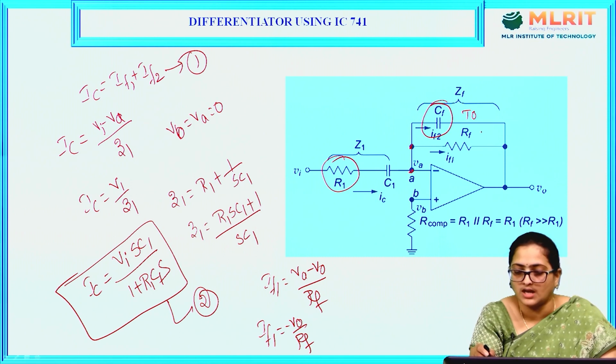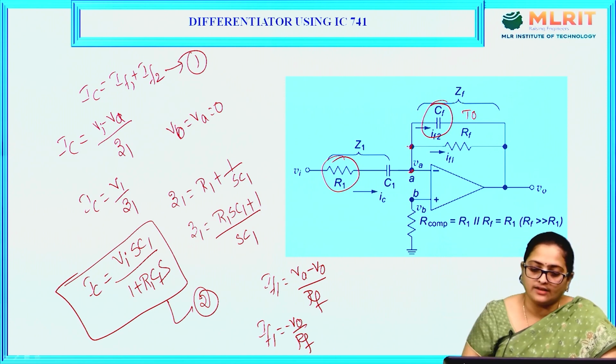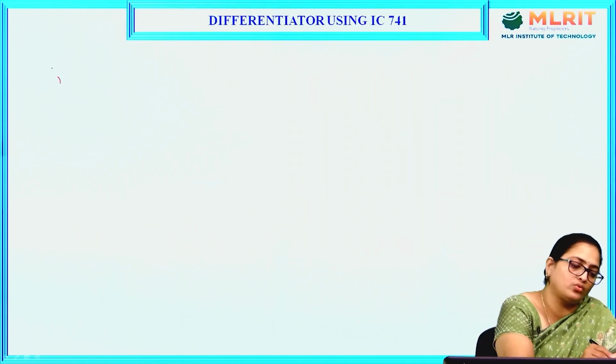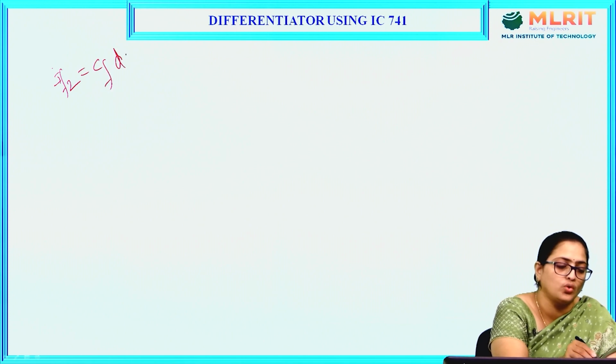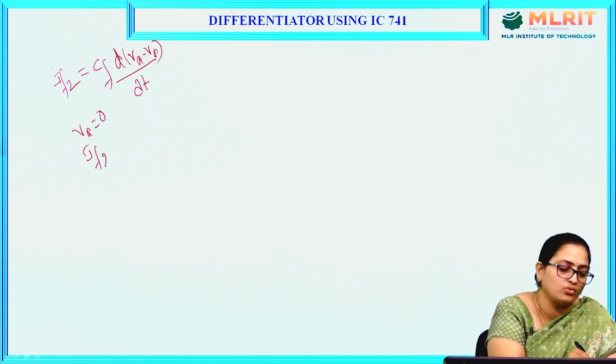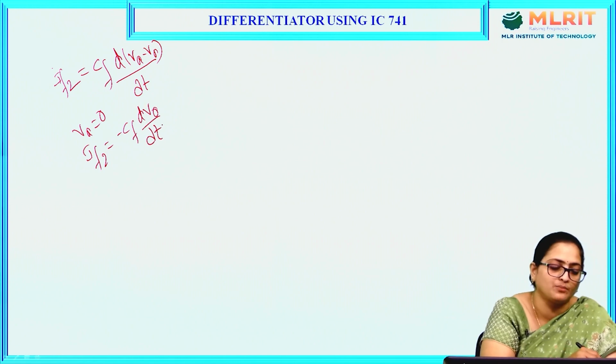Now IF2 is the current across the capacitor CF, which you can write as CF into d(VA minus V0) by dt, and as VA equals 0, IF2 can be given as minus CF into dV0 by dt, and IF1 is given as minus V0 divided by RF.